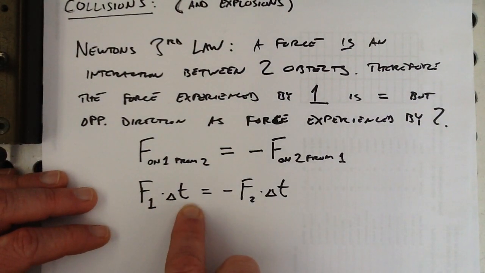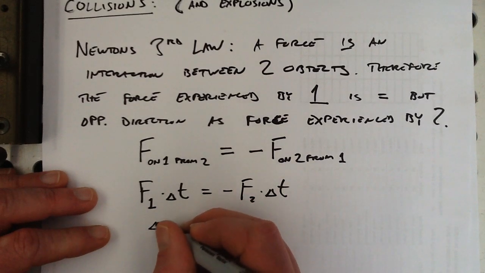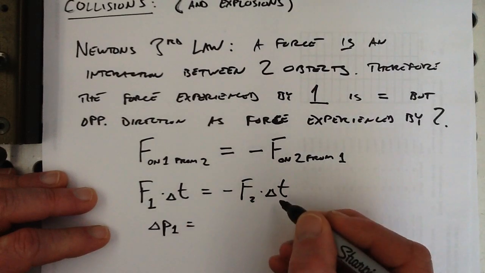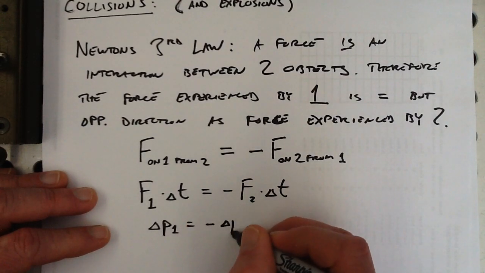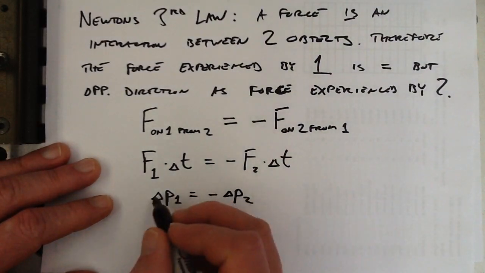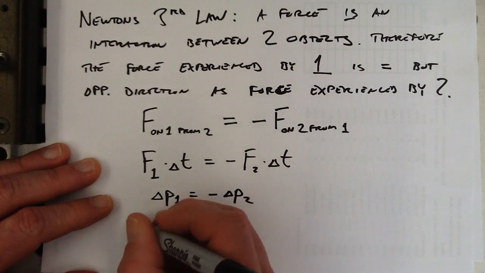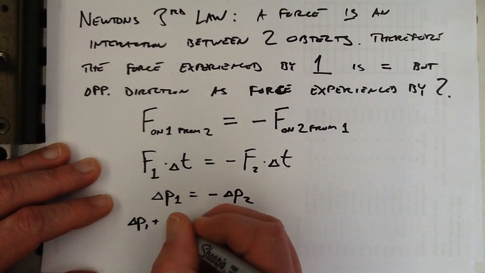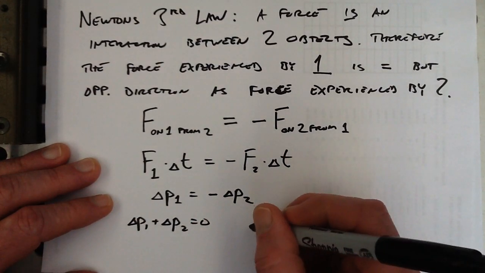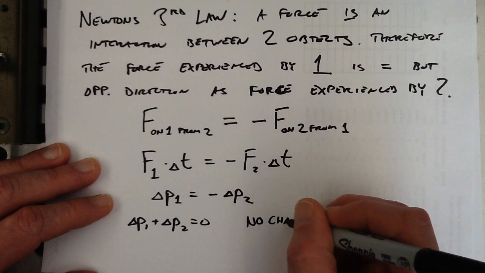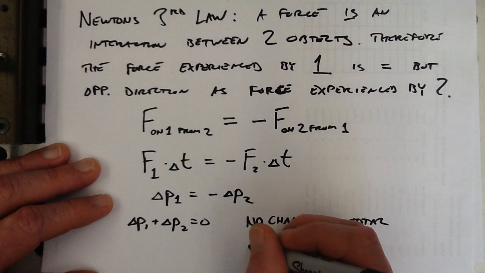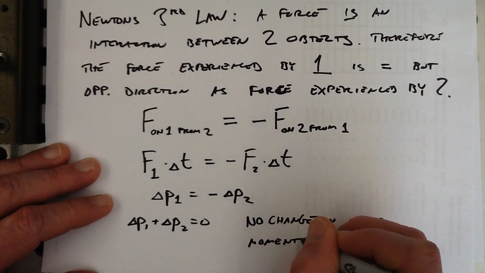Okay, well, that's the change in momentum of object 1. And this is the change in momentum of object 2. And if I put both of those on the same side, that's kind of a big deal.